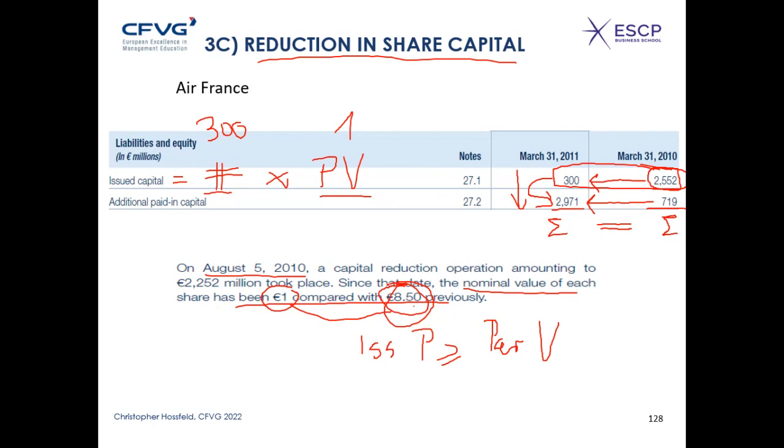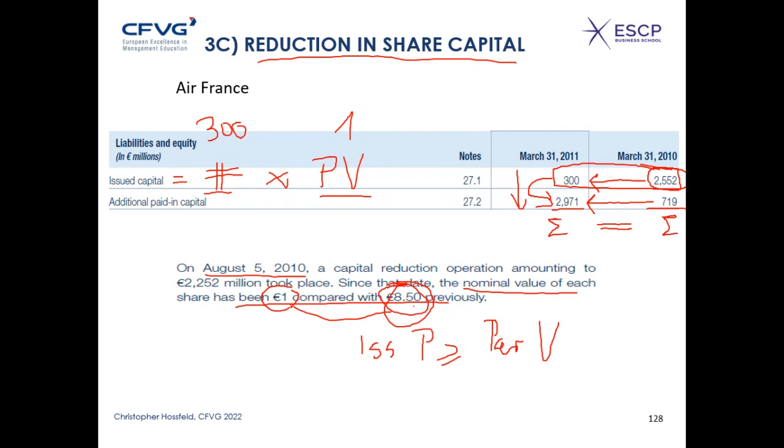And now you understand, if the market price is 9 euros and usually I need to sell them with a discount of 20% or 25%, that would not be possible, given that my minimum selling price here is, because of the par value, 8.50 euro. Therefore, at that time, Air France was blocked and had basically no possibility to issue new shares.